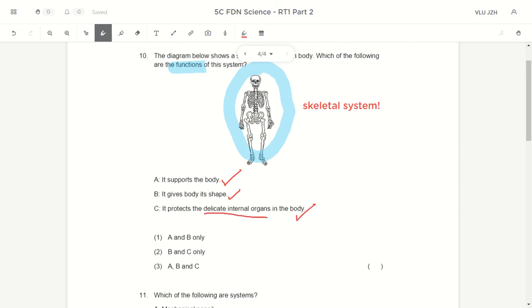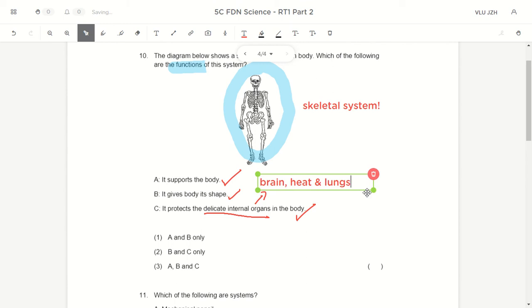For example, it protects the heart, the lungs, and also the brain. So it protects the brain, the heart and lungs, which are the important organs of our body. So everything is correct. Answer is C. Answer is 3.